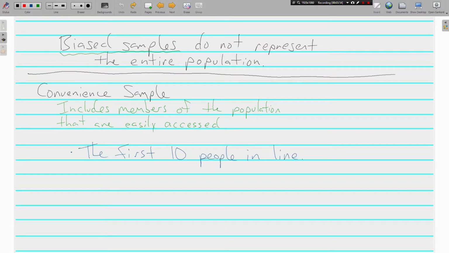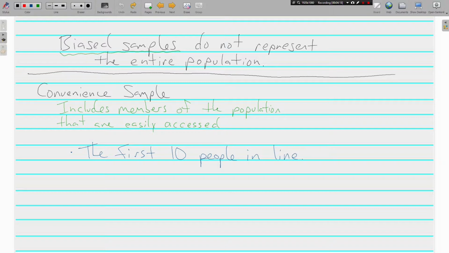Now, biased samples are less good because they do not represent the entire population. 2 different kinds of biased samples that we're going to talk about today. The first is convenience. This includes members of the population that are easily accessed. The first 10 people in line.